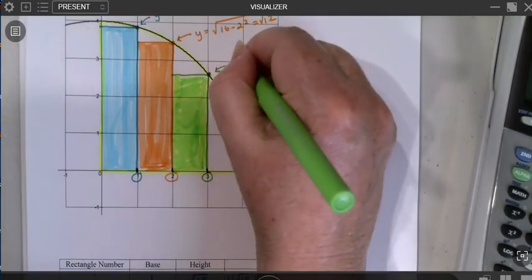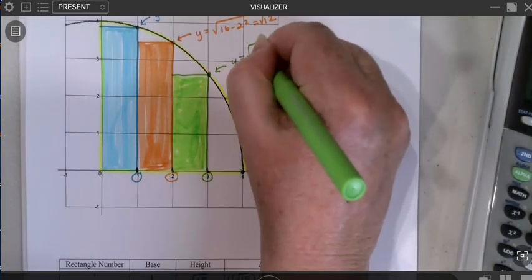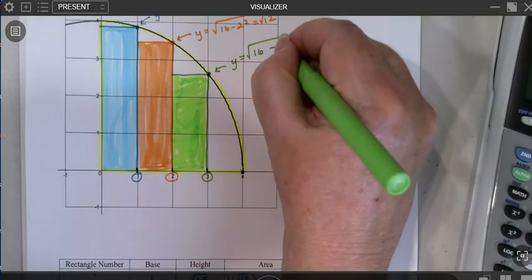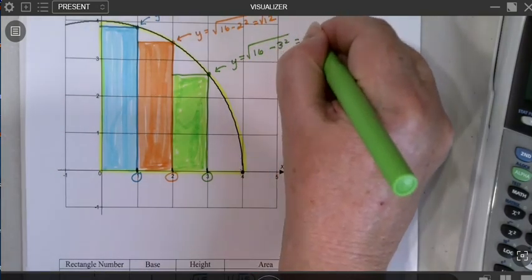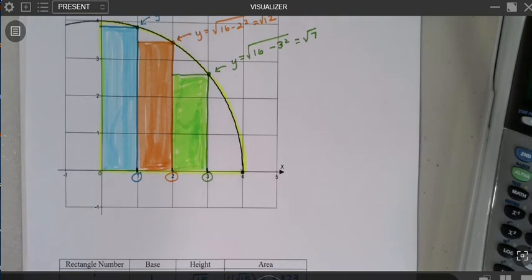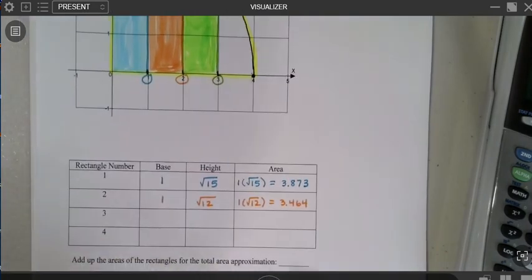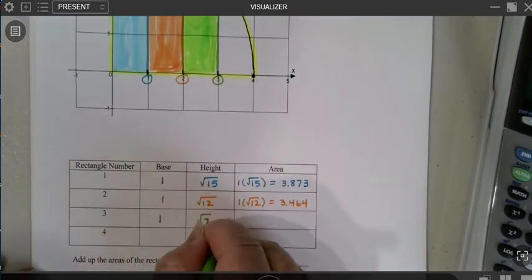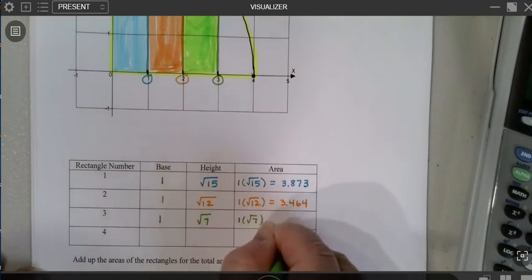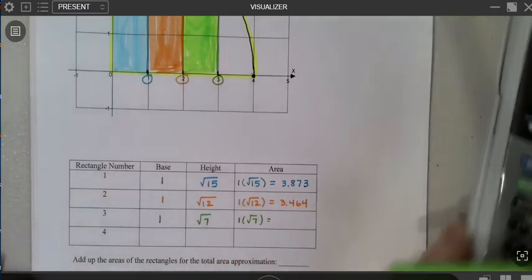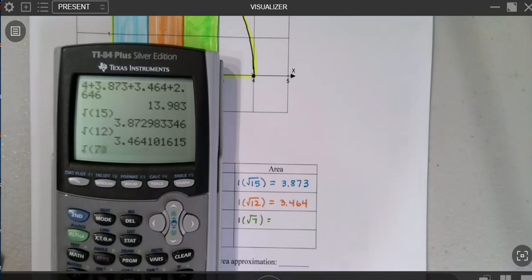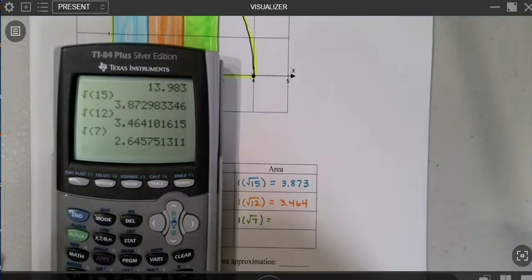So my height function, y is the square root of 16 minus 3 squared, or the square root of 7, which is 2.646.